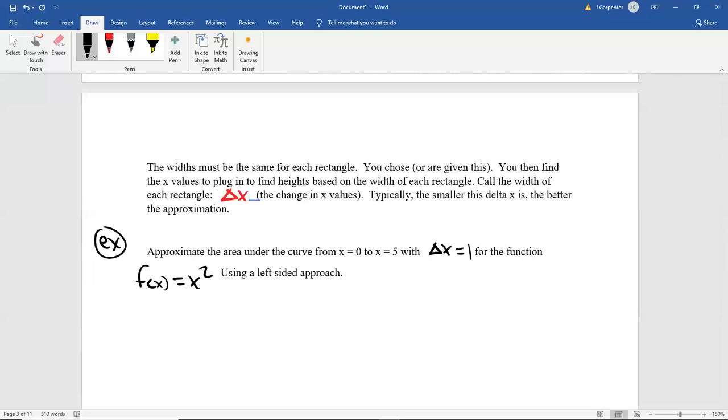If you want to have fun with this, do a right-sided approach and compare your answer.